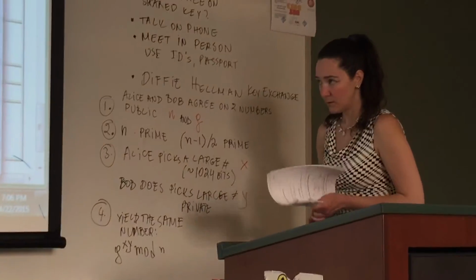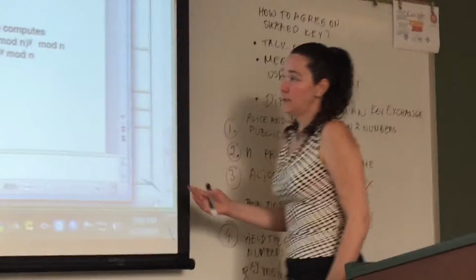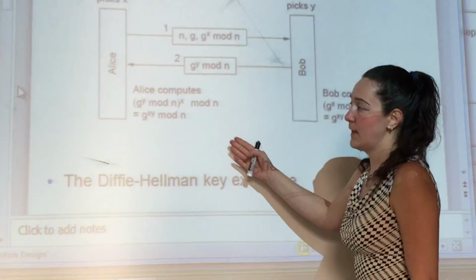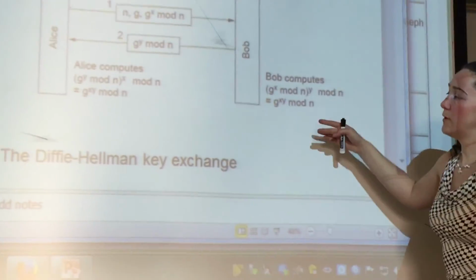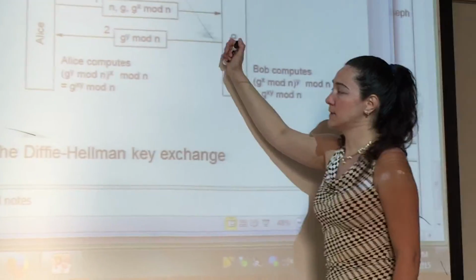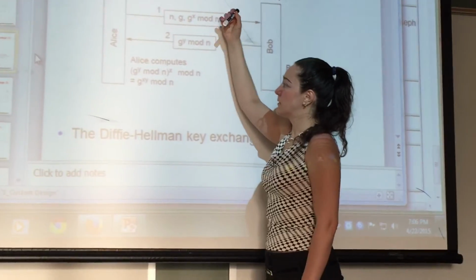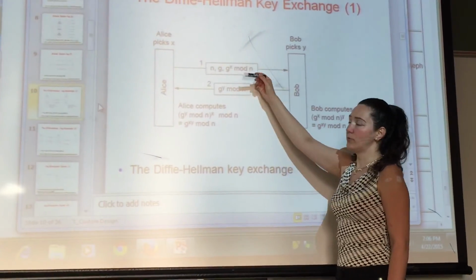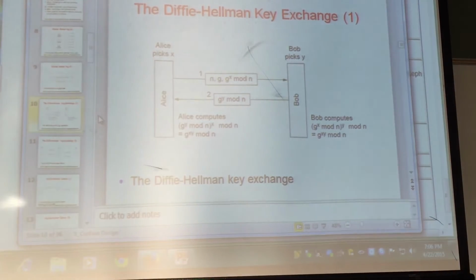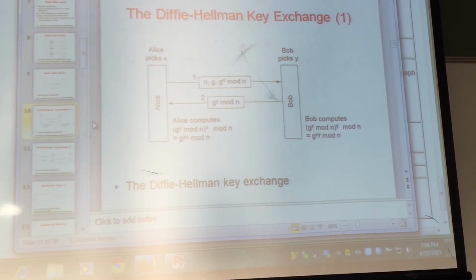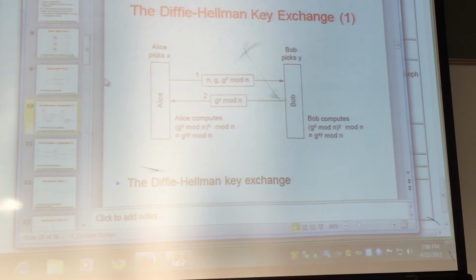And so when they end up with the same number, they have a shared secret key. But Trudy cannot intercept that, because the one number X is private to Alice and the other number Y is private to Bob. But you need both of them in order to arrive at the shared key.